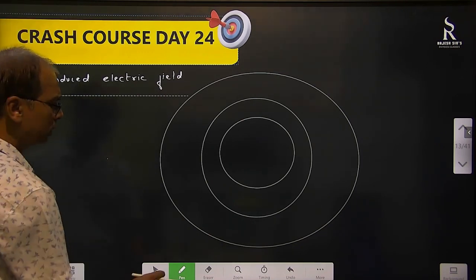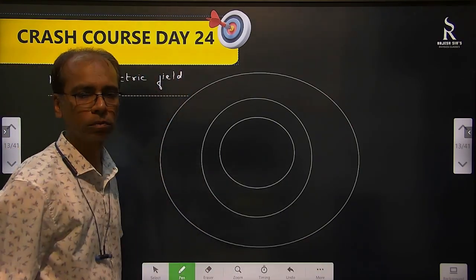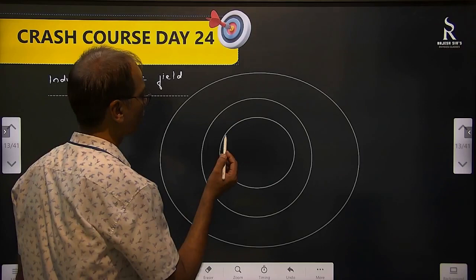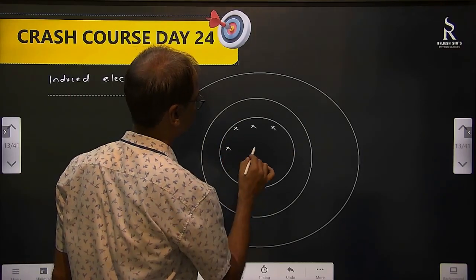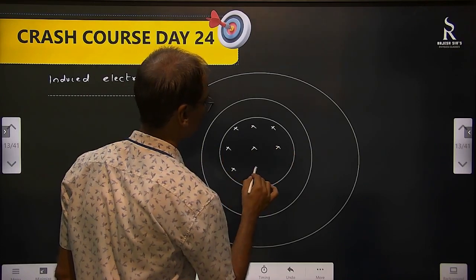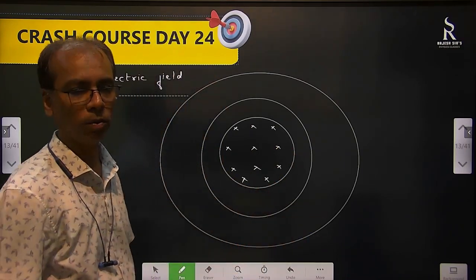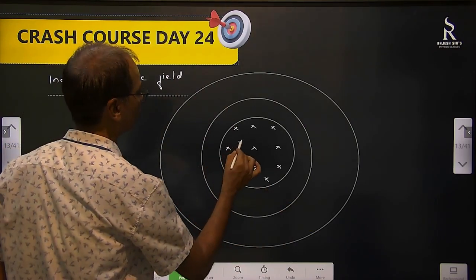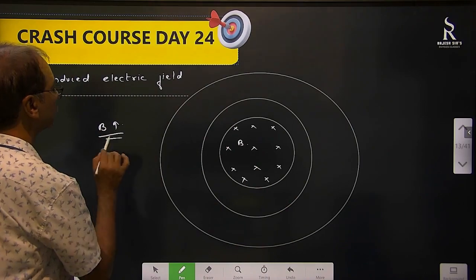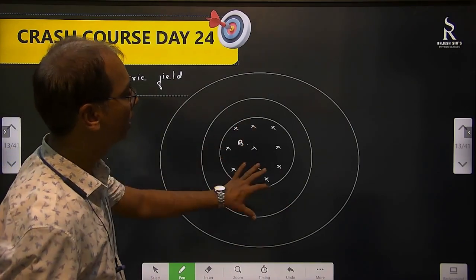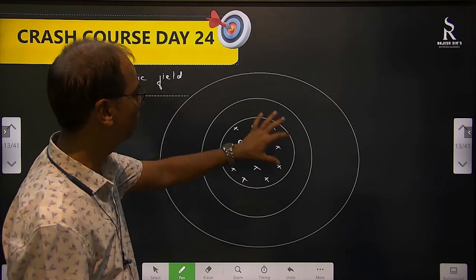See, suppose there is a magnetic field which is changing. Why it's changing is not important at the moment. Magnetic field is increasing or decreasing. So the magnetic field is changing here. Now, what are these?